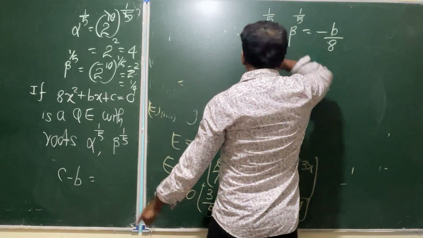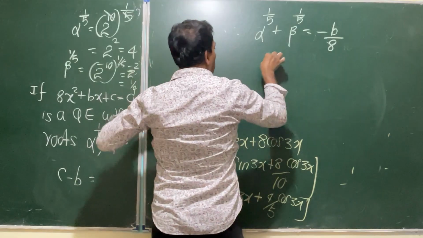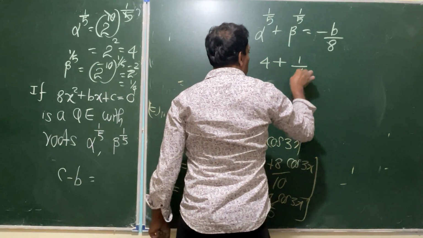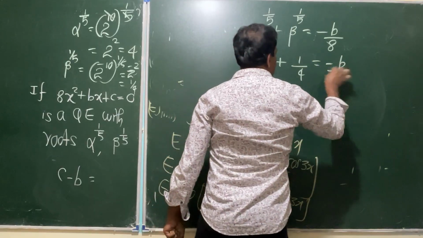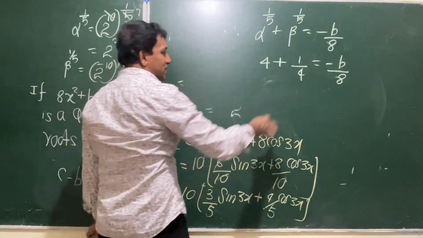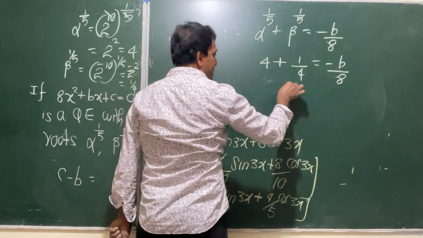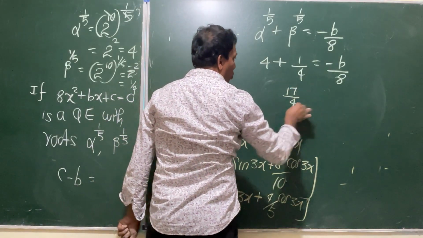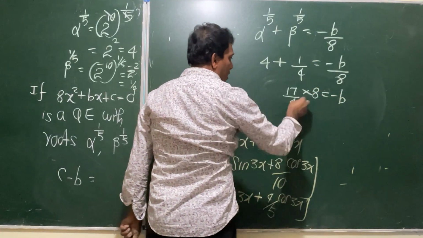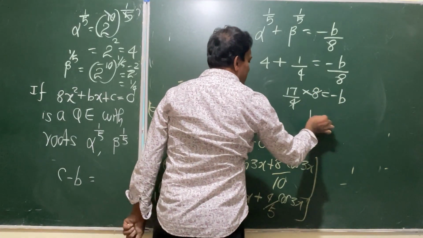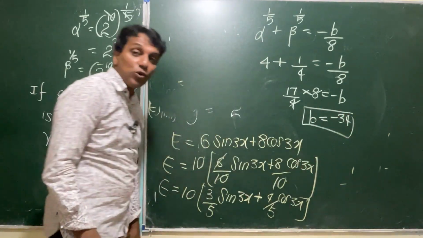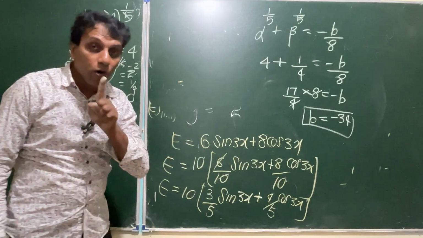You know the answers, 4 plus 1 over 4 equals minus b over 8. So find the B answer, primary mathematics. Here 17 over 4 into 8 is minus B, okay. Therefore, B answer is negative 34, using the sum of the roots.